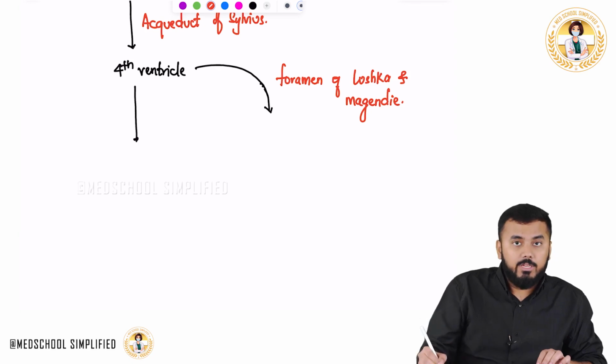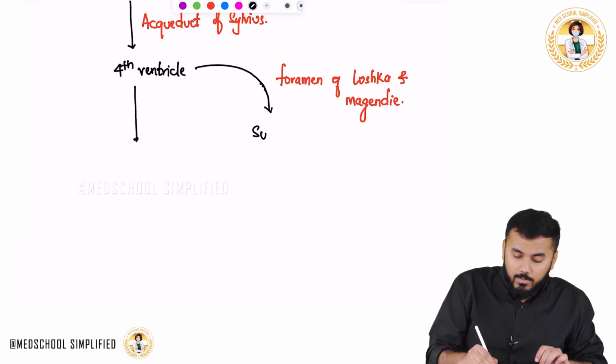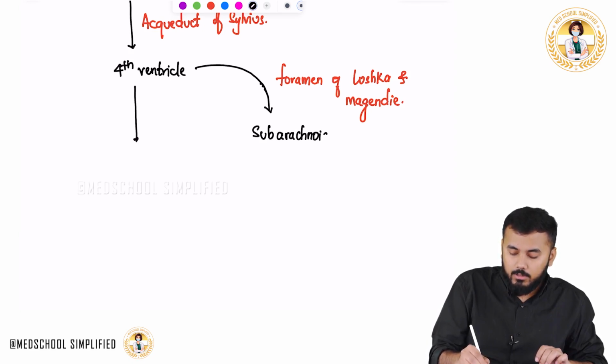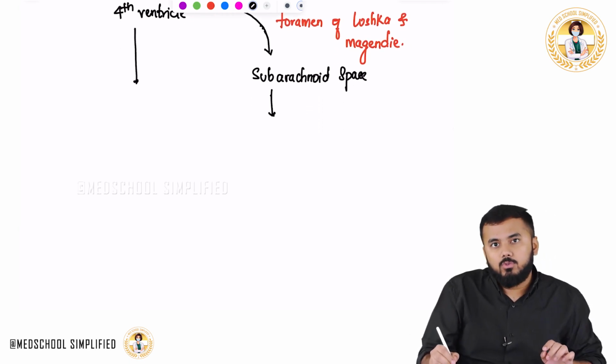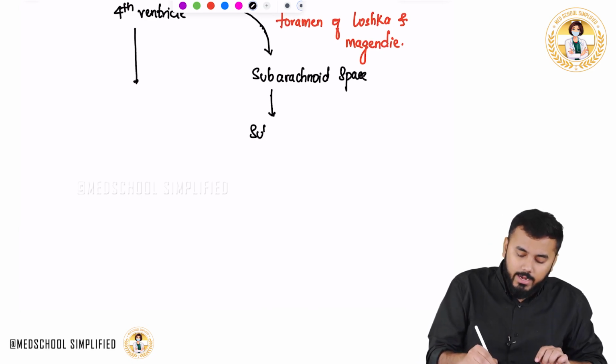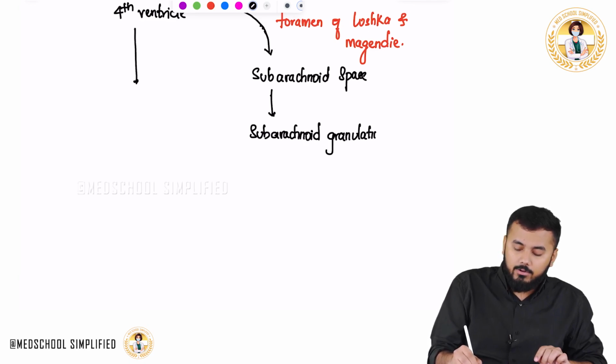Foramen of Luschka and Magendie, where is it going to enter? It is going to enter into the subarachnoid space. From the subarachnoid space, the CSF is going to enter into the subarachnoid granulations.